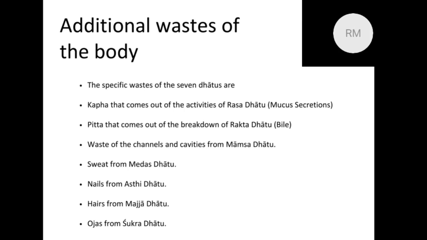So the flatus, the abdominal accumulation of various gases, and the exhaled air, these are all the invisible wastes of the body, which are wastes of Vata. Is that clear?